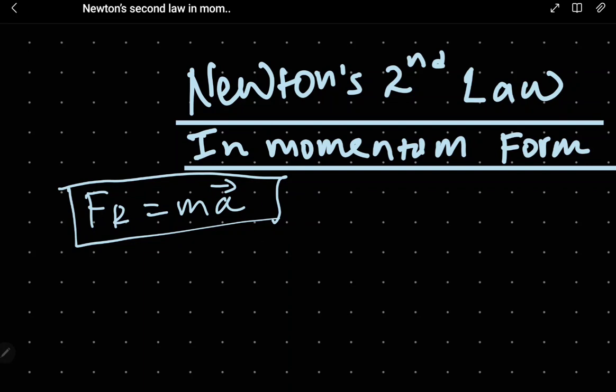It is a simplified form of Newton's second law, but at the beginning it was written as the time rate of change of linear momentum. That is how you define Newton's second law in terms of linear momentum.